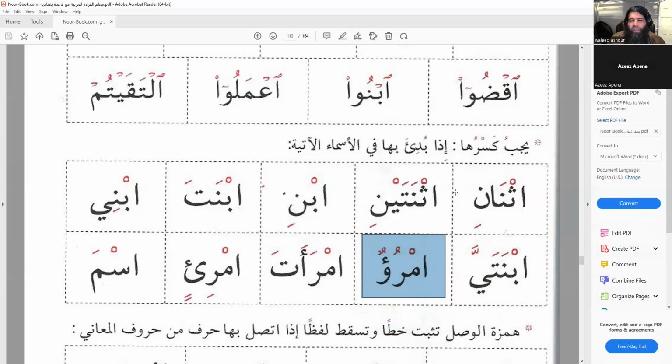Okay. And so this one, he's saying the rule here is if it starts with a double word. So these are all double forms, or these are all special forms.